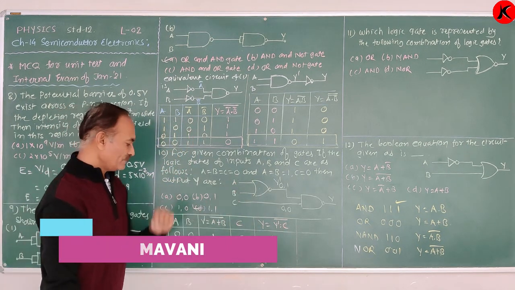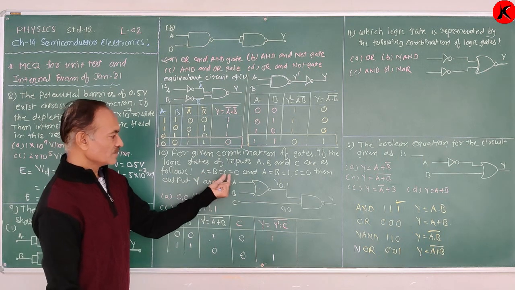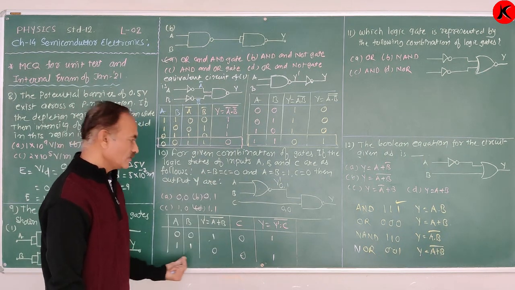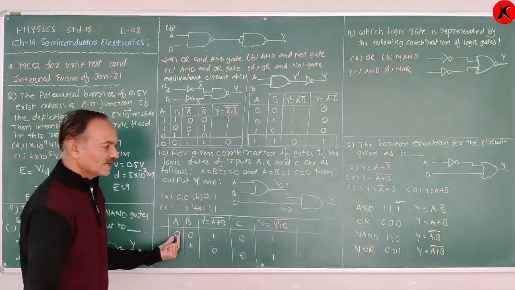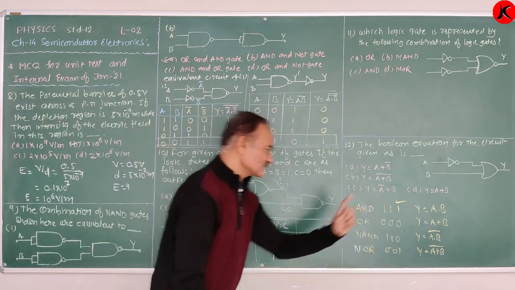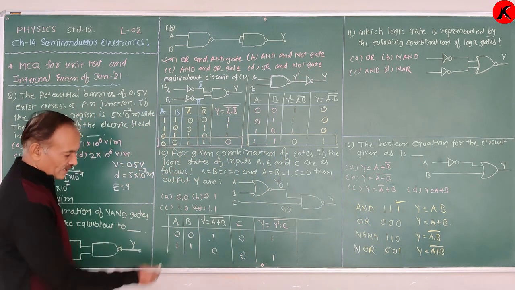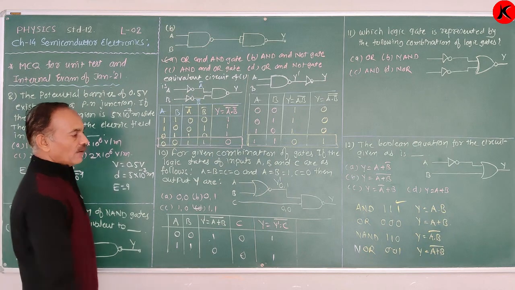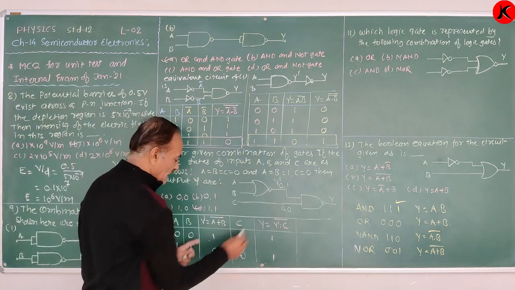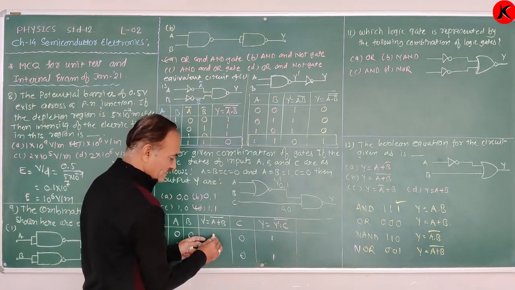First the combination of A, B, C are 0, 0, 0 and 1, 1, 0. So A and B are the input of the NOR gate. NOR gate has the characteristic: both 0 at the time 1, otherwise 0. Now this Y dash and C are given as the input of NAND gate.